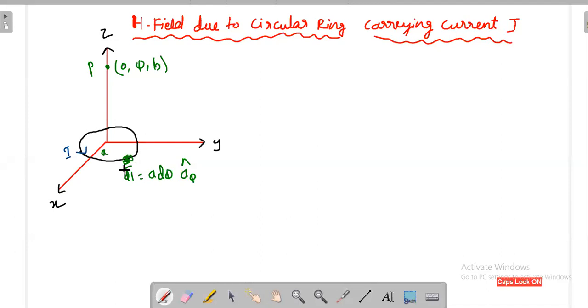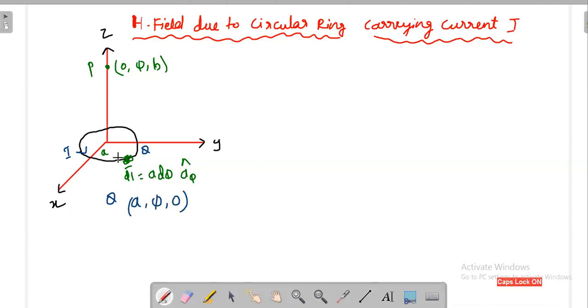Now what is this point value? Suppose I take this point as the Q point. The Q point value is a, because you are at some radius a, at some value of phi, and the Z value is 0.